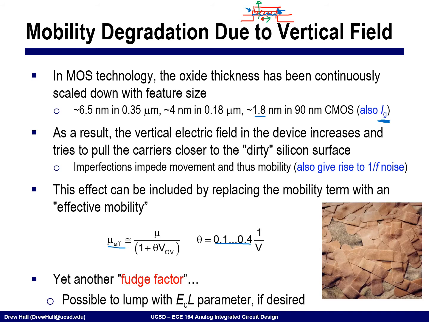I do want to point out that all of these things that we're adding on to our ID expression are really band-aids. They're fudge factors meant to try to patch up this long channel square law model and make it somewhat match these short channel devices.